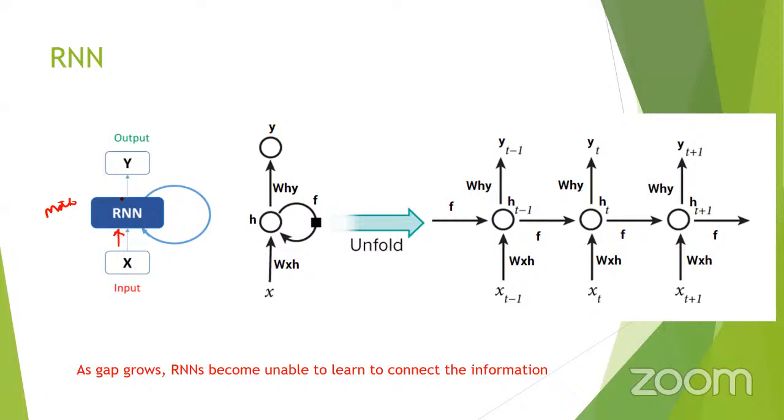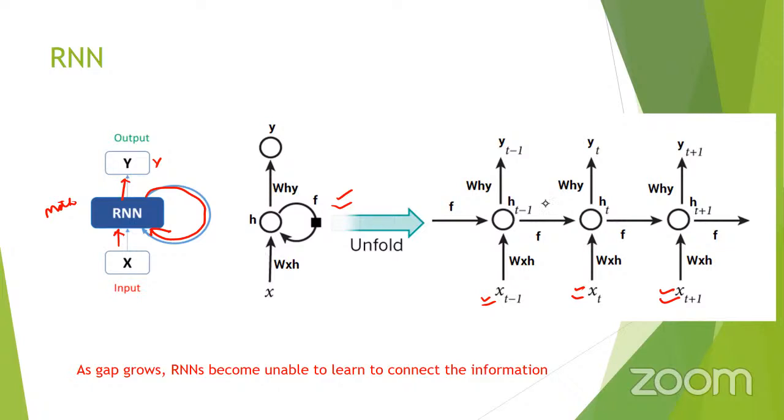After that, it will give me an output Y. And it will also feed this encoded data to itself again. Now, if you unfold this RNN, let's assume that I have designed a neural network that will take the last three time steps of data, xt minus 1, xt, and xt plus 1, right? And here one RNN layer is present.